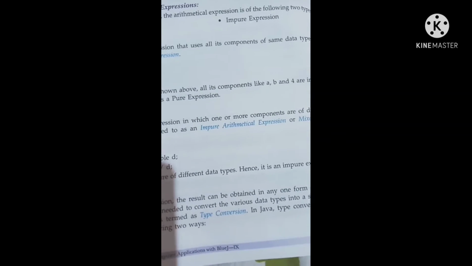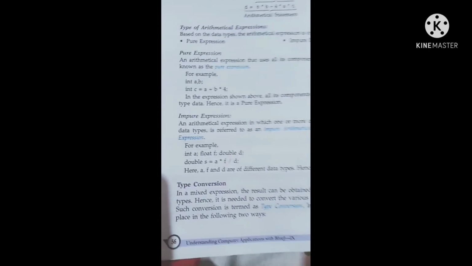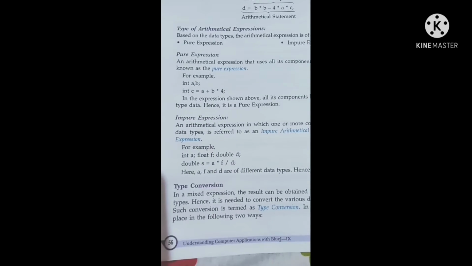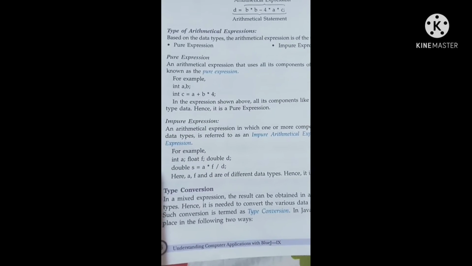It is needed to convert the various data types into a single data type. Such conversion is termed type conversion. Data conversion takes place in the following two ways: implicit data type conversion and explicit data type conversion.